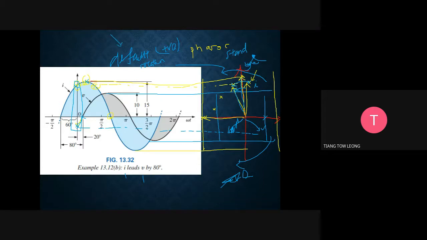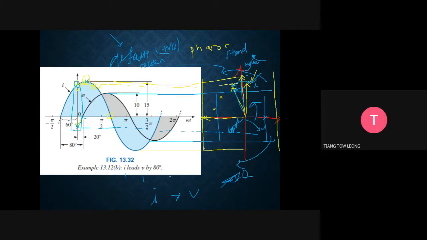So how do we know that I is leading V or V is leading I? First, we need to stand here and see the rotation. So when I stand here, what can we see first? We will see I first, right? We will see I first, and then we will see V coming our way. Am I right or not? Yes.